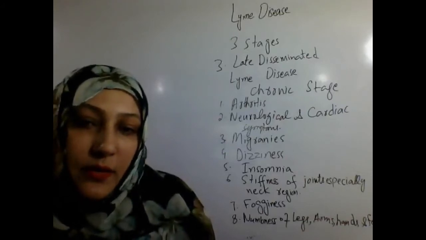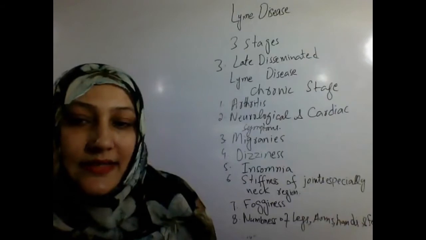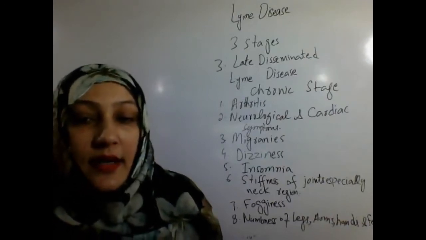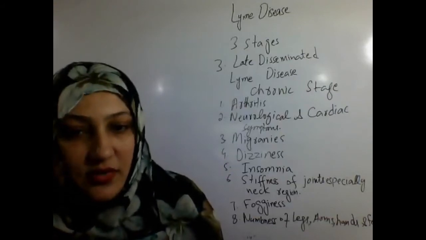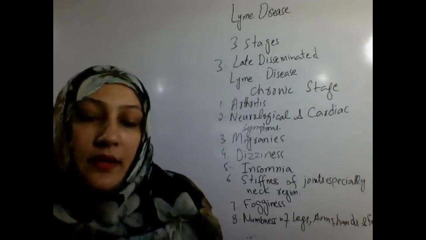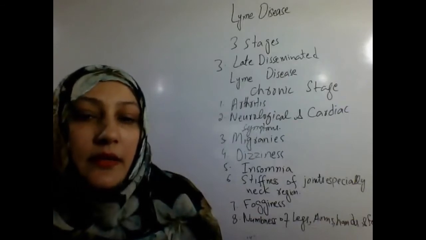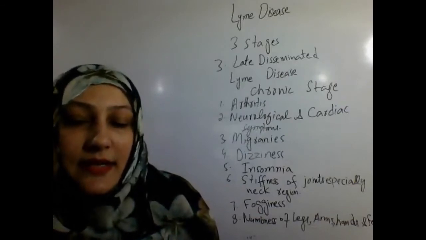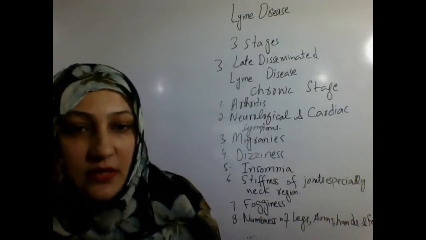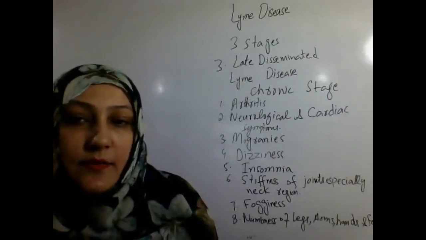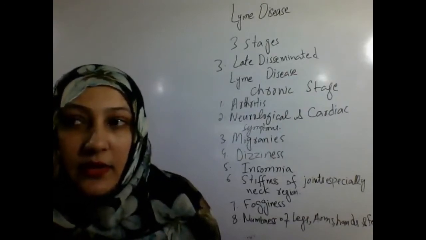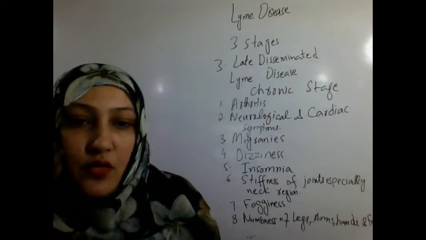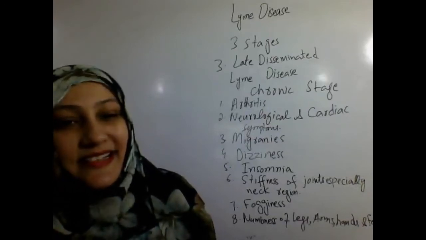There is stiffness of the joints of legs, arms, hands, feet, especially the neck regions. Fogginess of the mind, numbness of the legs, arms, hands, and feet. And if this condition is untreated and becomes more severe, then it leads towards rheumatoid arthritis in the patients.